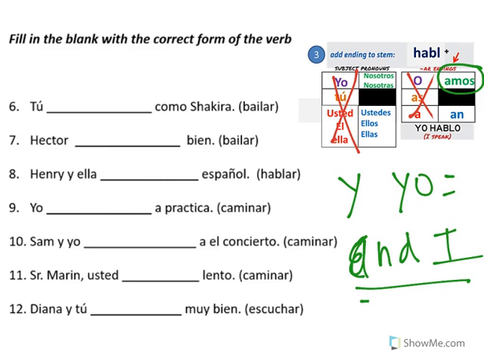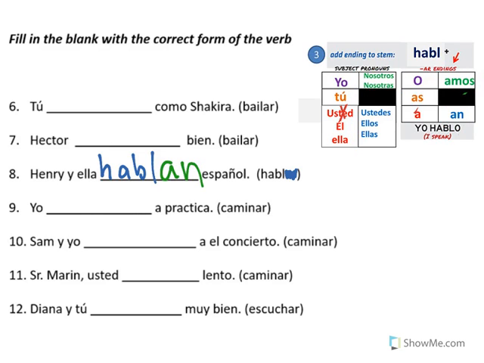No, it doesn't. So that means that it cannot be that. Here is our ending. So let's write it down. Henry y ella. We write everything but the AR. This is called the stem. Hablan español. Well, that was a tough one, wasn't it?